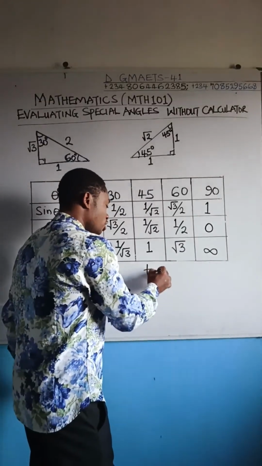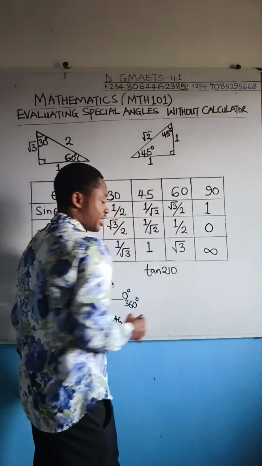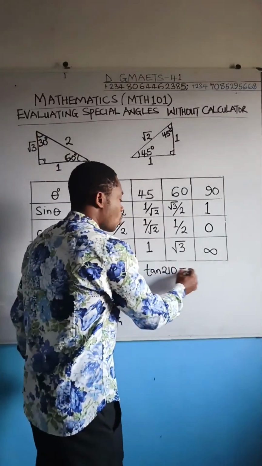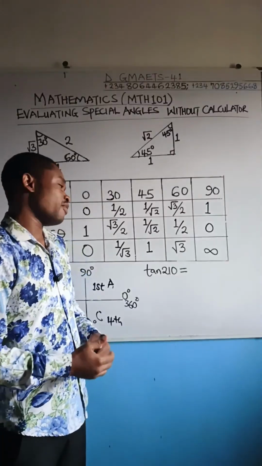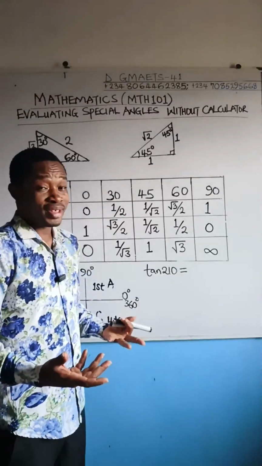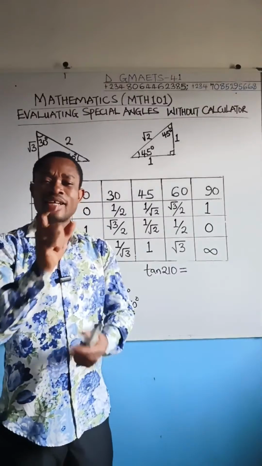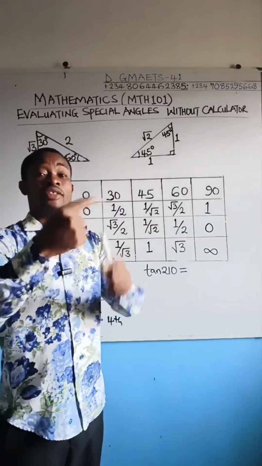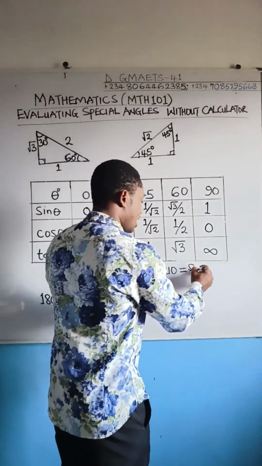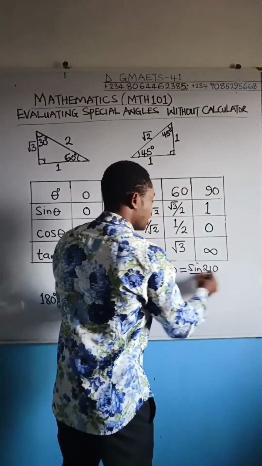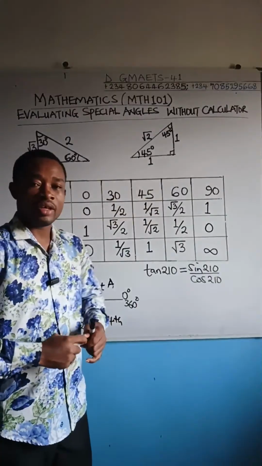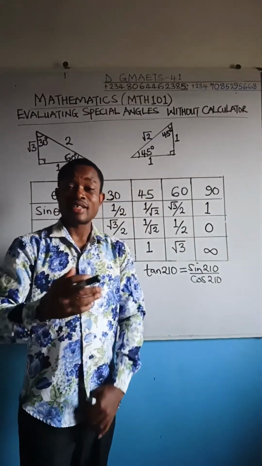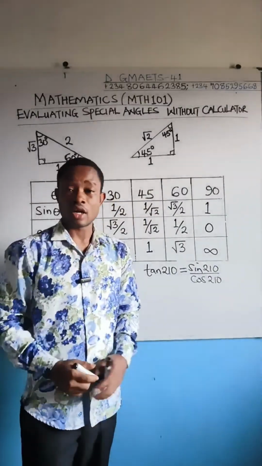However, there is something I want to show you. If I write tan 210, which is equivalent to tan 30 positive, now instead of using tan 30, I can actually use sine 210. Let us use that. Sine 210 divided by cos 210. Remember yesterday, we established that tan is equal to sine over cos.